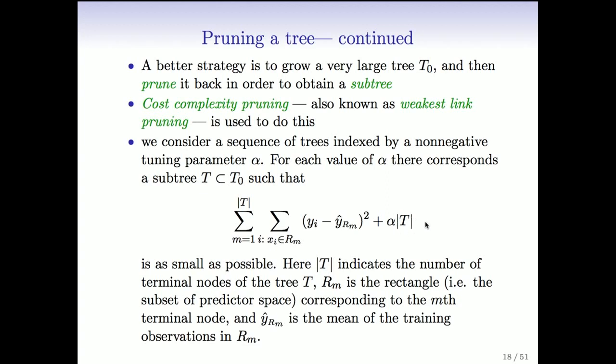So we want the coefficients to be small to avoid overfitting. Here we want the size of the tree to be small to avoid overfitting. Okay? So cost complexity pruning is going to find the best value of alpha by cross-validation, and then we're going to pick the subtree in the large tree we've grown that has the smallest value of this criterion.